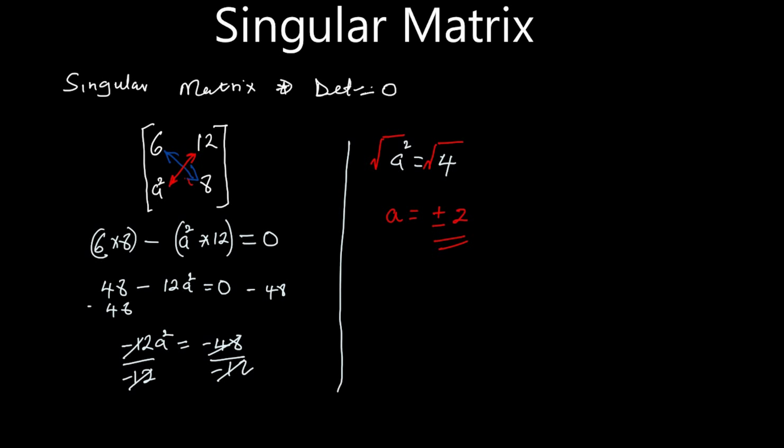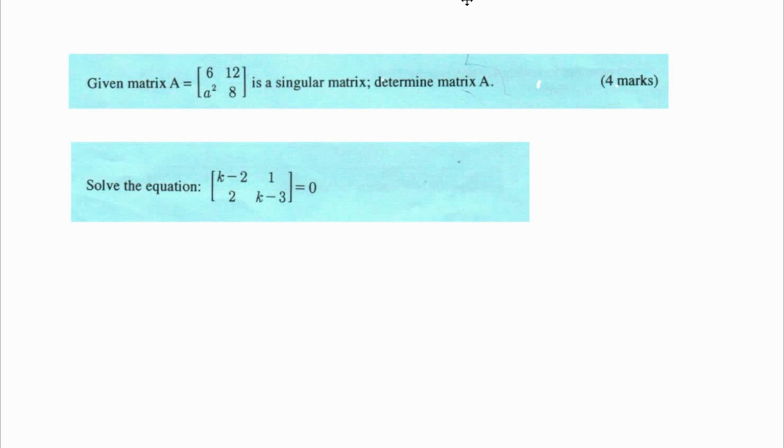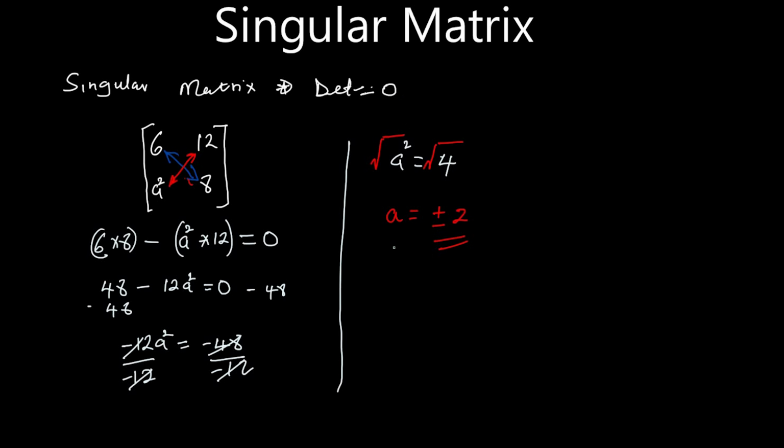Remember they had said that given that matrix A is a singular matrix, determine matrix A. So the matrix A will look like this: A is equal to 6, 12, 2, 8.